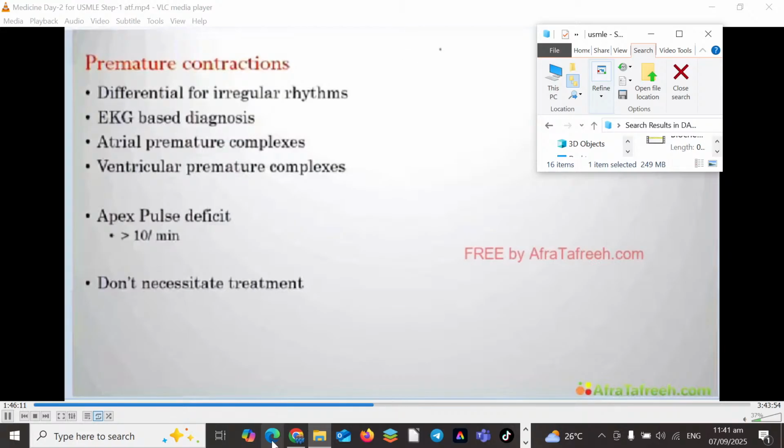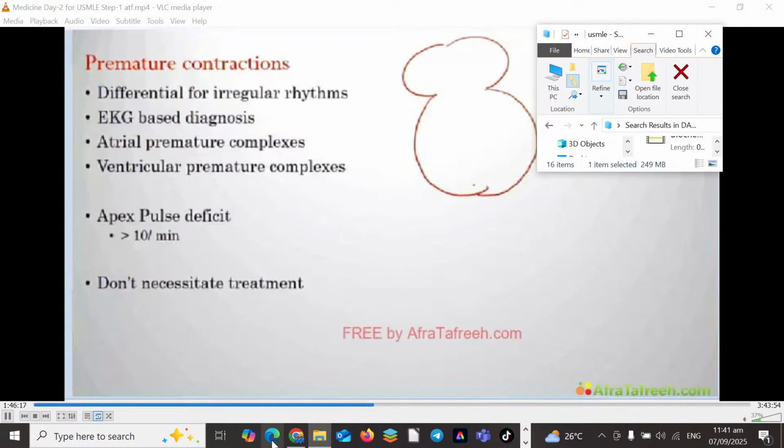So when you have the heart like this, you have the atria and you have the SA node here. There can be an atrial ectopic coming here, or it can be a ventricular ectopic going like that.